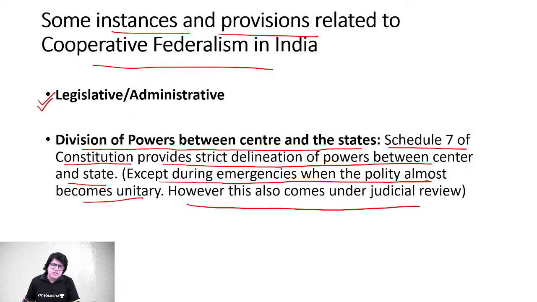Under all these situations, or if it is concerned with center-state relations, as given in Chapter 4 of Part 5, Chapter 5 of Part 6, or Chapter 1 of Part 11, the center-state legislative powers are defined.